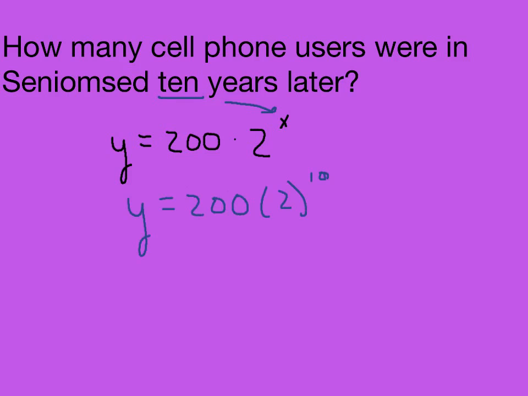This is easy. Throw it in your calculator to get an answer for it. Okay, so in your calculator, remember you would use that caret key to get your 10th power, and we would find out that 10 years later, there were 204,800 people with cell phones in Exponential.